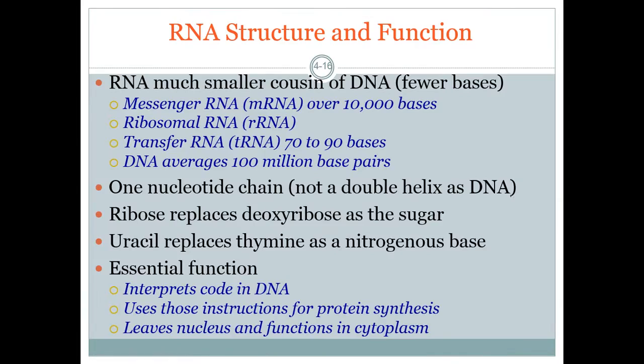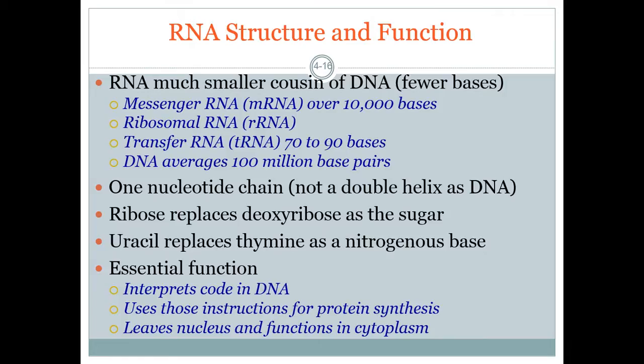Now let's look at our RNA. What is an RNA? Now, when we look at RNA, hopefully you should know, it's short for ribonucleic acid, and it's produced in 3 types.